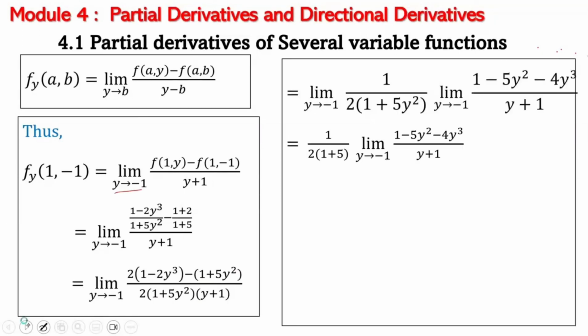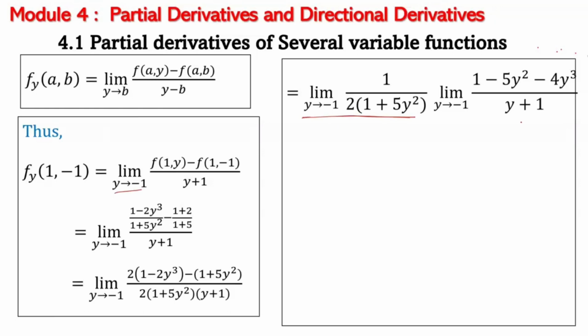Now we'll try to get the limit for this. For that we separate it, where the part that is not a problem in the denominator we separate, and here is a problem. As y tends to -1, this denominator will become 0. So we'll try to solve it in a different way. Here we got a direct limit from this part, and then the remaining part after simplification will have this form.